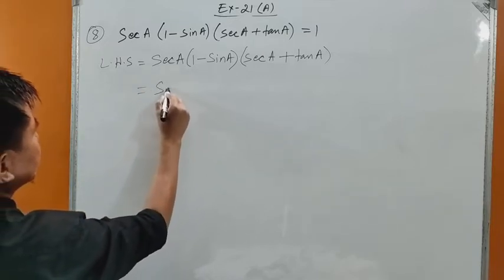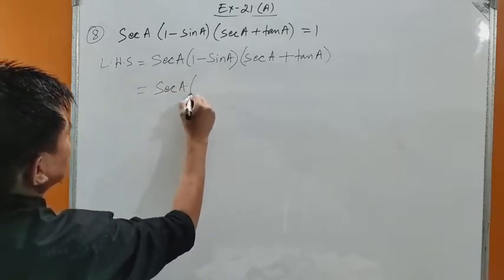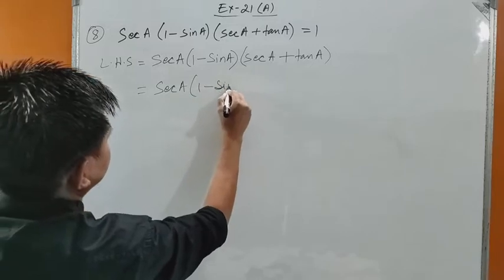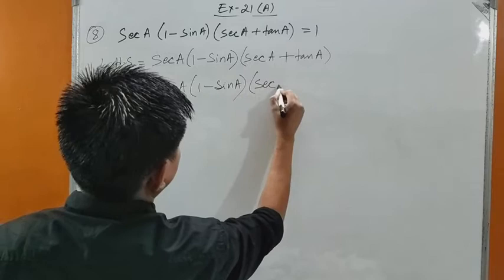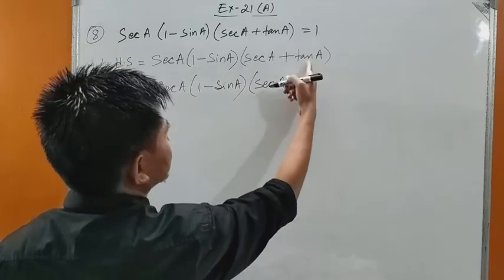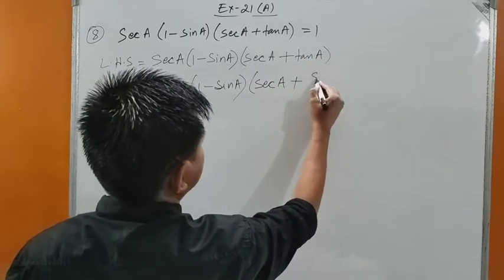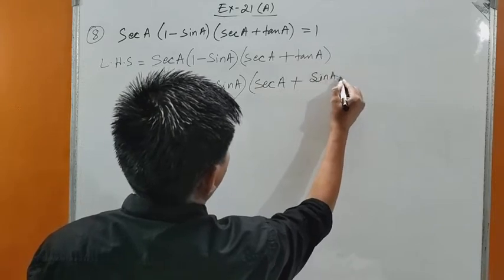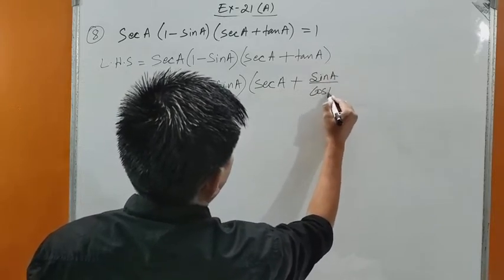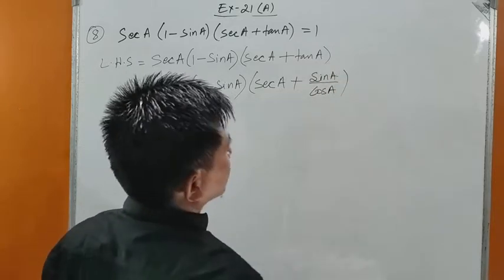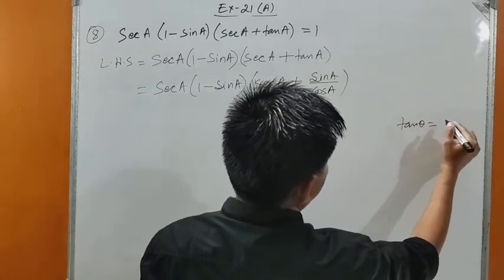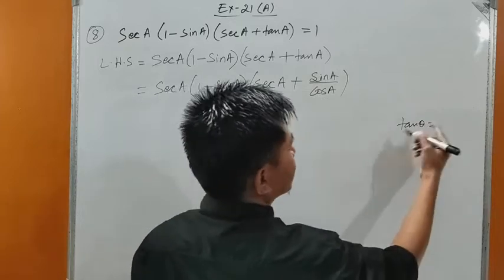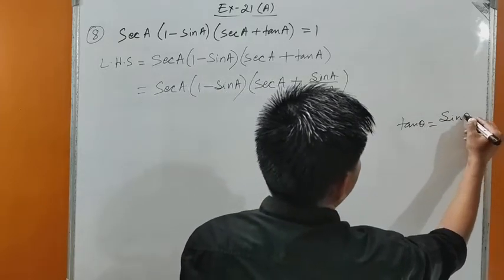Prove this equals to 1. So sec A we copy as it is, 1 minus sin A, this also we copy as it is, this sec A we copy as it is, okay, plus this tan A, now we convert this into sin A upon cos A form, okay. Tan A means sin A upon cos A, isn't it? Since tan theta, in the previous video I gave you the formula, tan theta equals to sin theta upon cos theta.